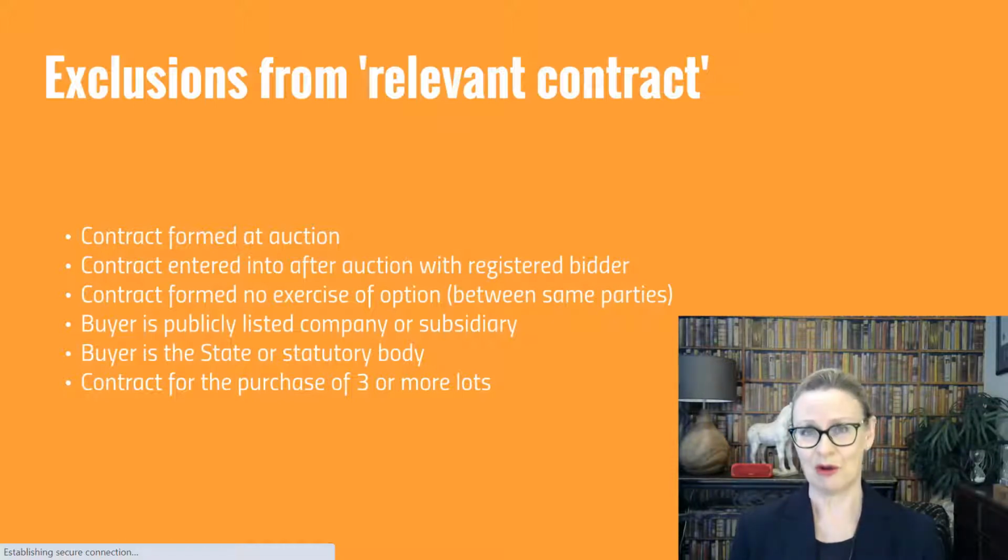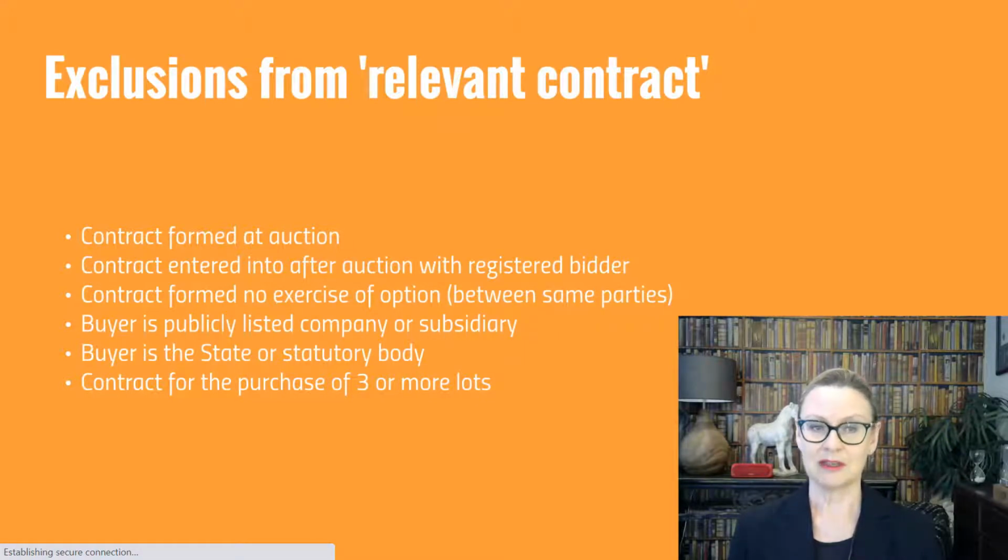Also excluded is a contract formed on exercise of the option between the same parties. So remember, we were talking about call options and the ability of one of the parties to that option agreement being able to elect to exercise their rights to purchase the property. That subsequent agreement between those two same parties that gets formed when one of them exercises that right to have the transaction concluded, that subsequent contract also is excluded from the requirement to put in a cooling off period notice.